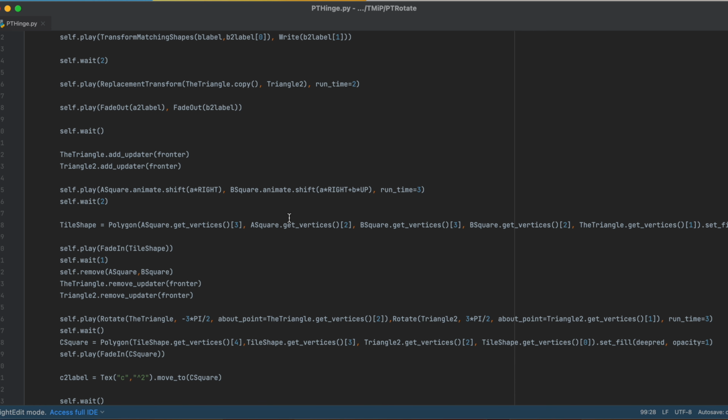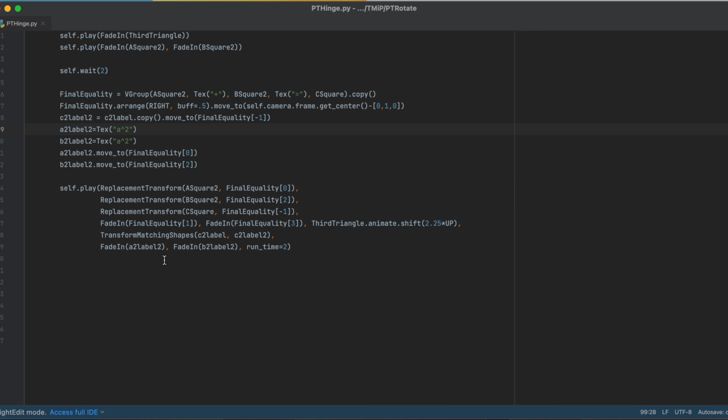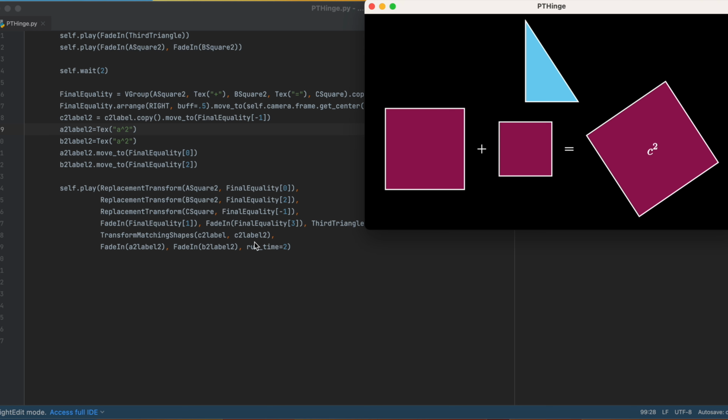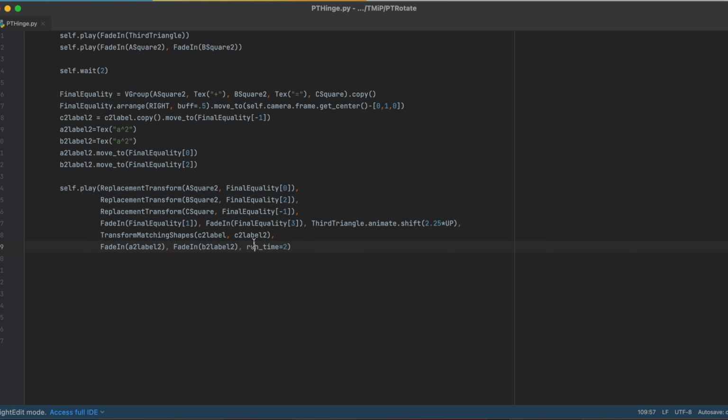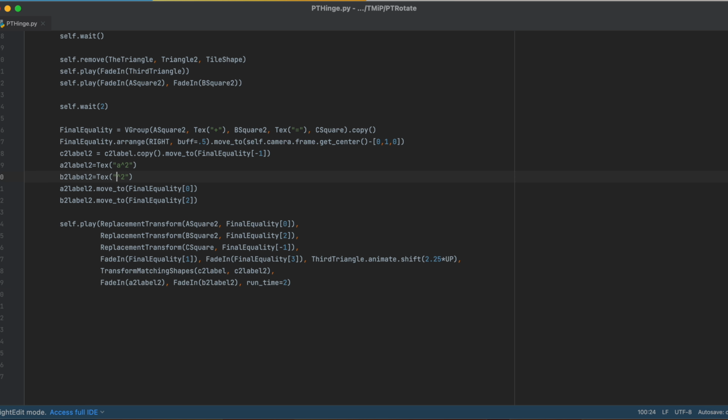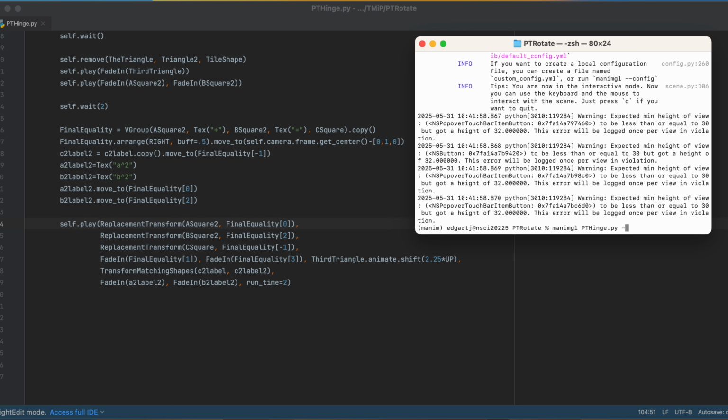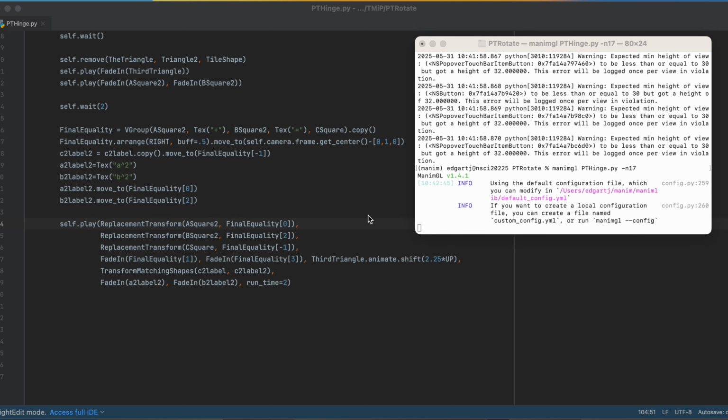Maybe I never removed, let's see, so A square, B square. See if we can see these show up or not.